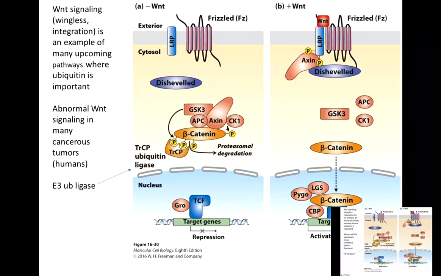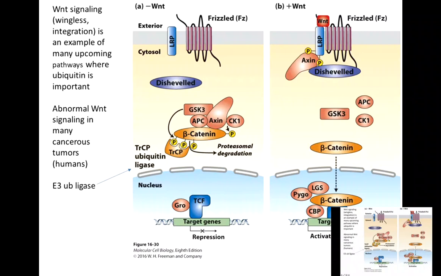If there is Wnt, now Wnt binds to its co-receptors, LRP and Frizzled, both. When both of those are bound together with Wnt, they attract Dishevelled. And when Dishevelled is attracted to this complex, axin is more attracted to this complex, to the phosphorylation of LRP, than it normally is to this beta-catenin complex. This whole complex, APC, axin, and CK1, makes GSK3 much more efficient.